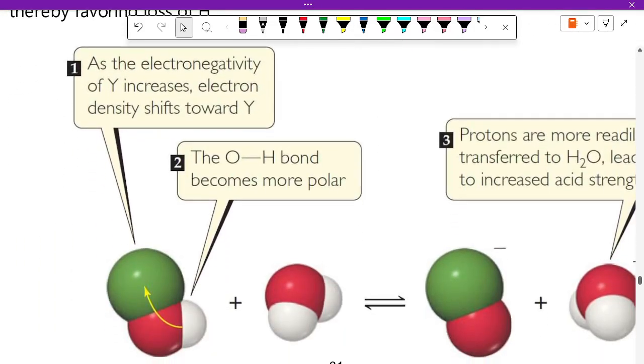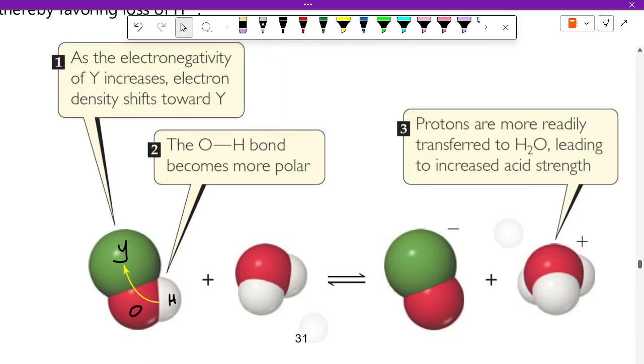As the electronegativity of this atom increases, the electron density is shifted towards Y. That's Y, that's O, that's H. So the electrons here are going to be shifted more towards the O and whatever Y is.